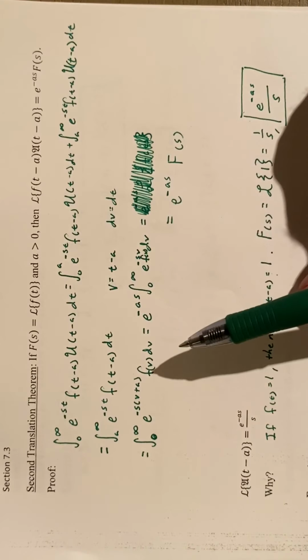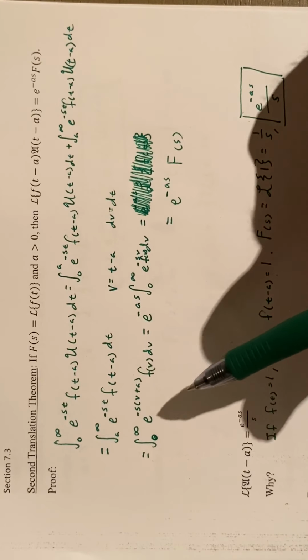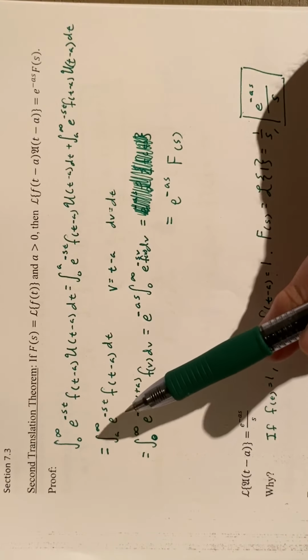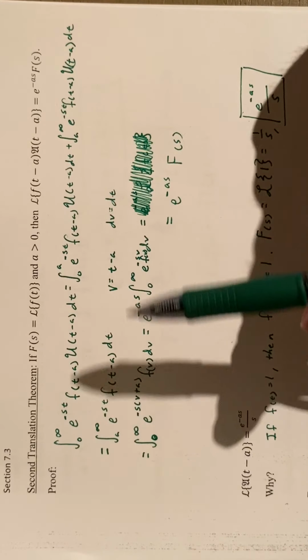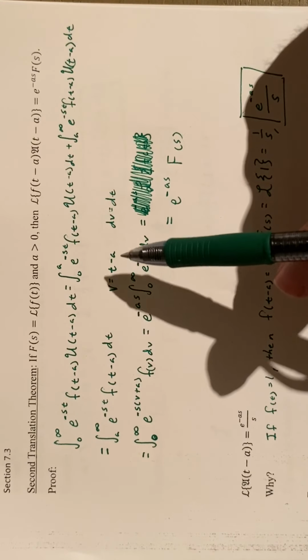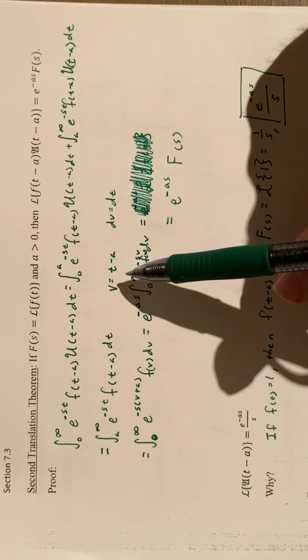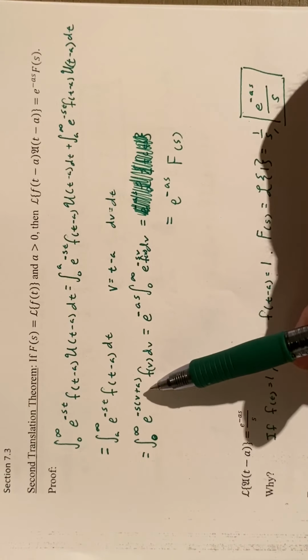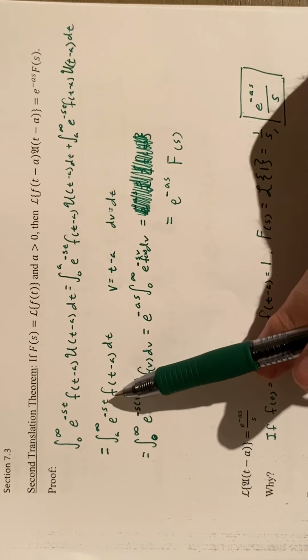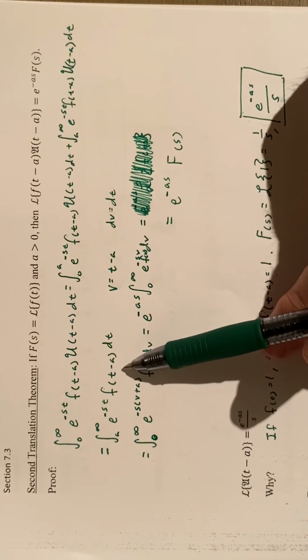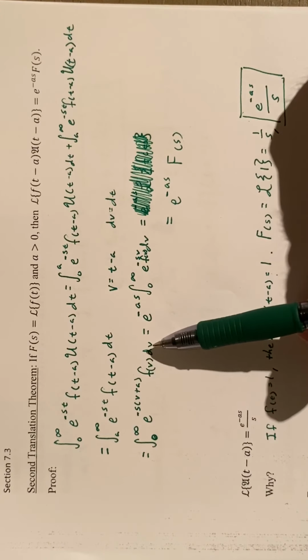Now when we substitute in, if v is equal to t minus a, then t is equal to v plus a. So we're going to substitute that in for our t. And then f of t minus a is just f of v dv.